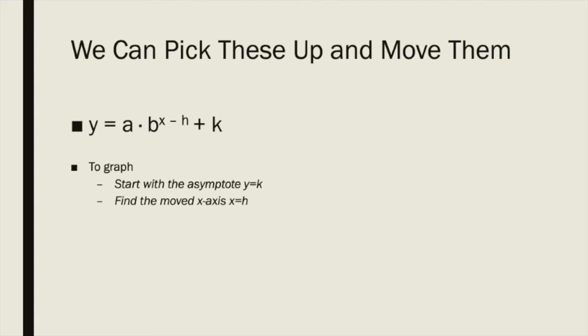The asymptote is going to move up with the k. If you add 1 to the equation, it's going to move up too. So your asymptote's always going to be at the k value, and your vertical axis is going to move around with the h.